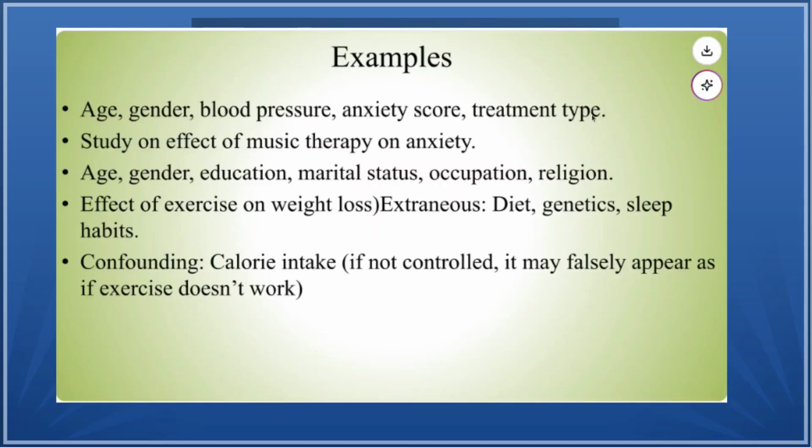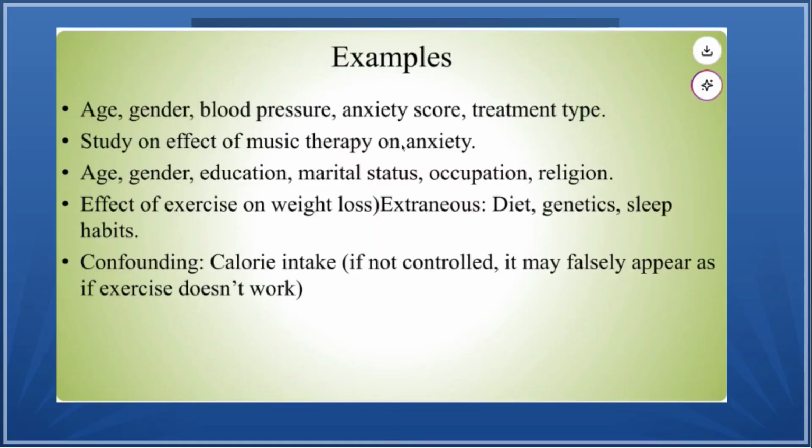Depending upon the treatment type, the patient's pain may change, so that is one variable. Anxiety score: the anxiety of the patient before going to surgery. If you check different patients' anxiety levels, one patient will have less anxiety, another more anxiety, and some no anxiety. Like that, it changes. Those which change are called variables.